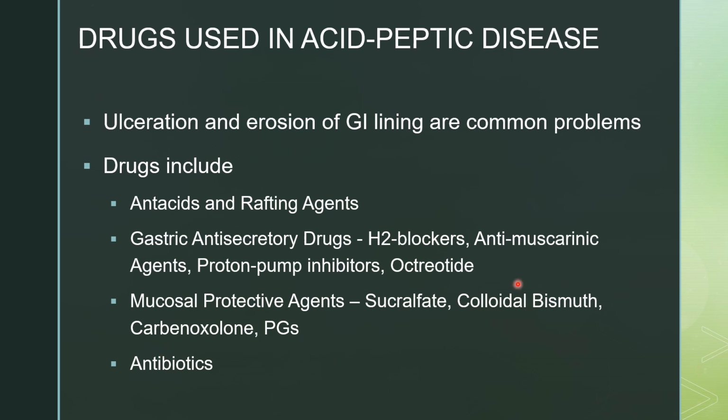Your gastric anti-secretory drugs are your H2 blockers, antimuscarinic agents, your proton pump inhibitors, and your octreotide. Your mucosal protectives are your sucralfate, your colloidal bismuth, your carbenoxolone, and your prostaglandins.